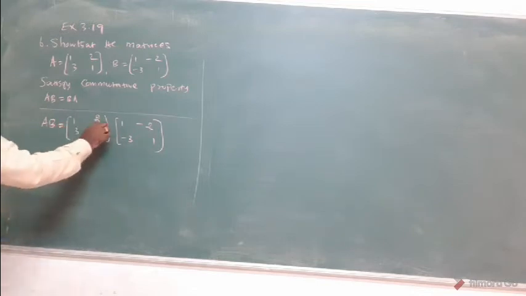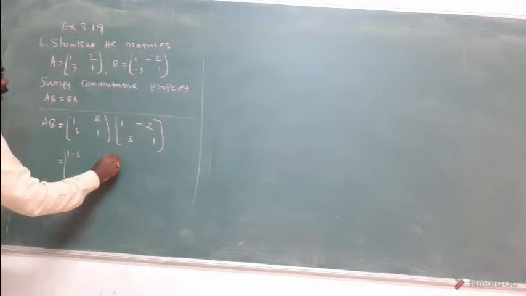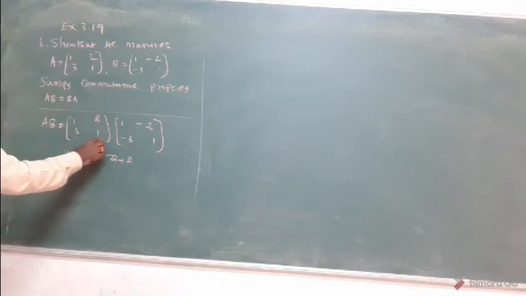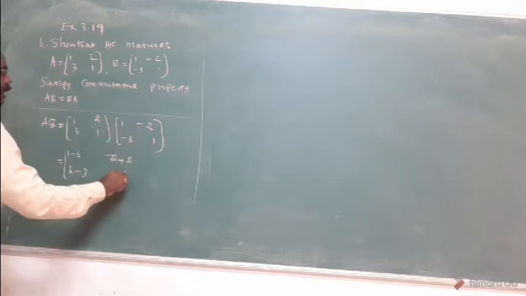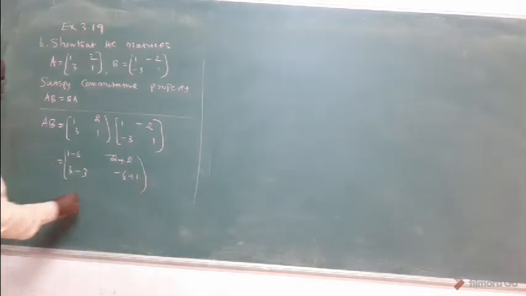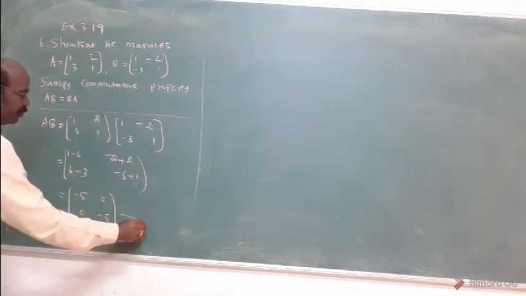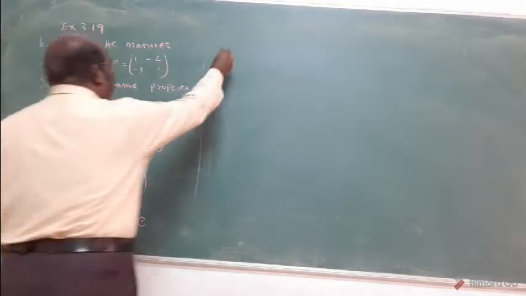Then first row, second column: 1 into minus 2 is minus 2, plus 2. Next second row, first column: 3 ones are 3, 1 into minus 3, minus 3. 3 into minus 2 is minus 6, plus 1. Now simplify: minus 5, 0, 0, minus 5. This is the first answer. Similarly, you will multiply B with A.